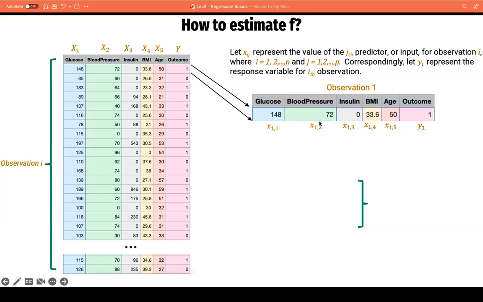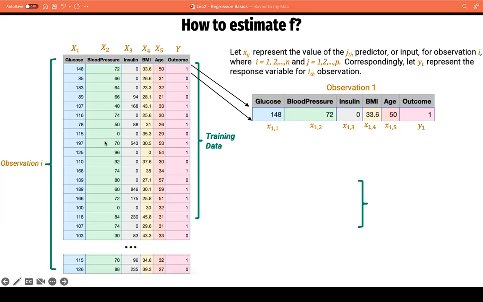The blood pressure for observation 1 may be represented with x sub 1,2. The insulin may be represented by x sub 1,3, BMI x sub 1,4, etc. While its outcome may be represented by y sub 1, the outcome for observation 1.